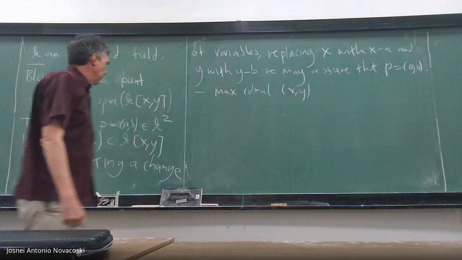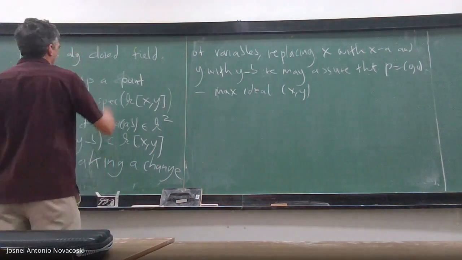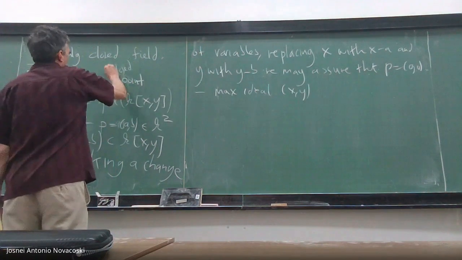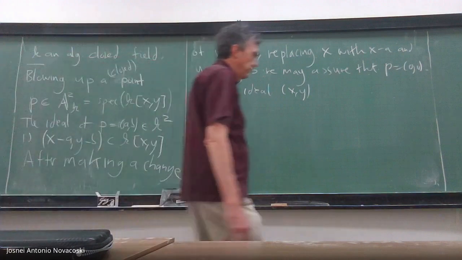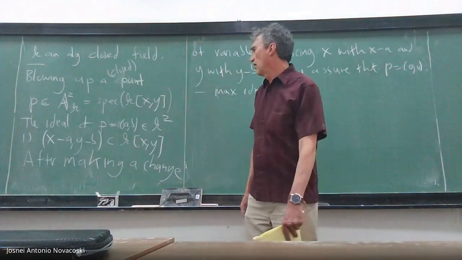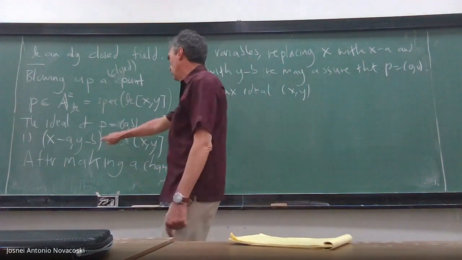Since we're thinking of this way, A^2_K is not the spec, right? It's the spec of the maximal ideal, because I could have prime ideals that do not correspond to closed points. I didn't want to say this, blowing up a closed point, and I didn't want to make it too technical. I'm sort of abusing notation, because on one level I'm being rather modern in calling this a point.